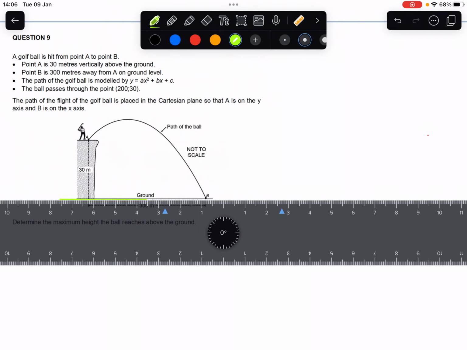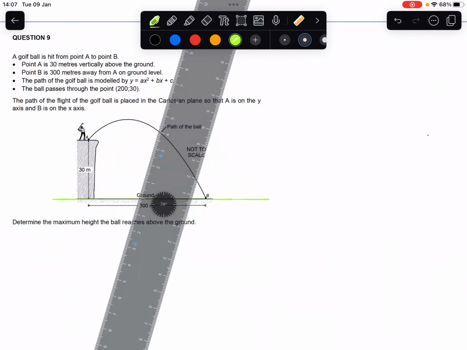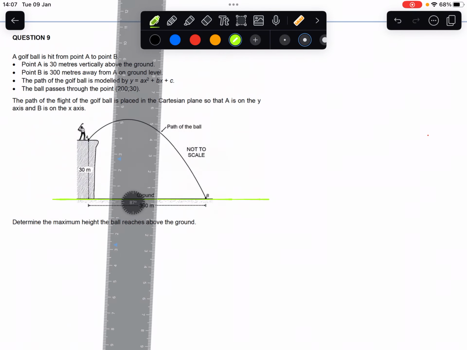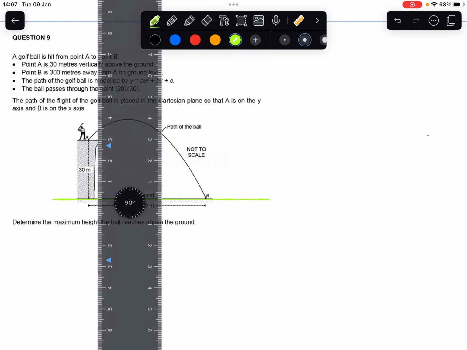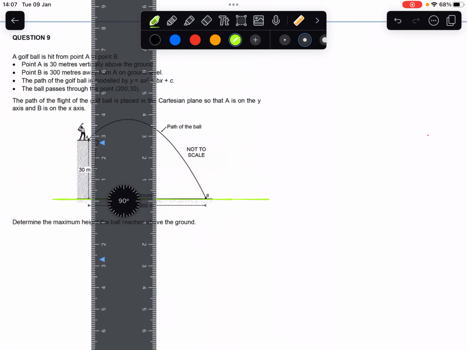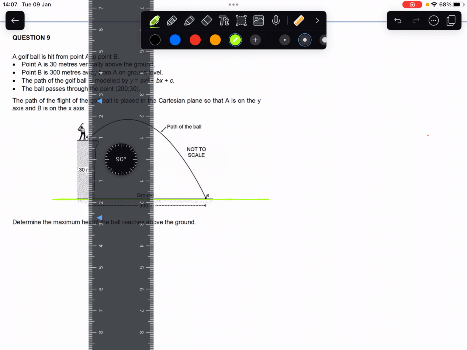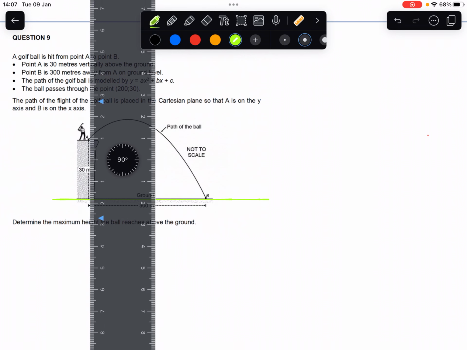All right, so this is our x-axis, and this is our y-axis. Okay, that's too enthusiastic of a y-axis, man.